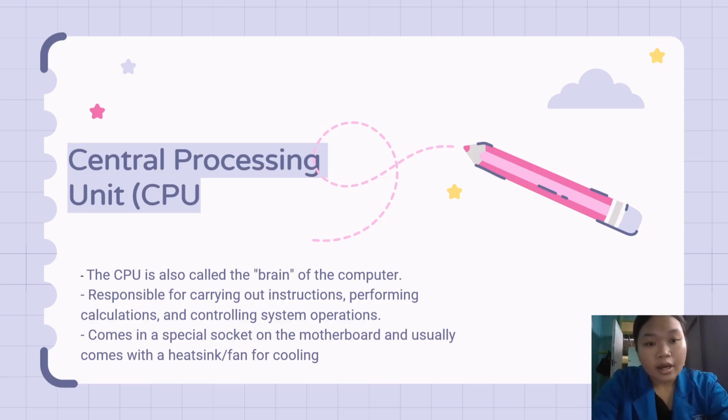As examples, from Intel, normally Intel Core i9, Intel Core i7, Intel Core i5, and Intel Core i3. It is installed in a special socket on the motherboard and usually comes with a heat sink or fan for cooling.